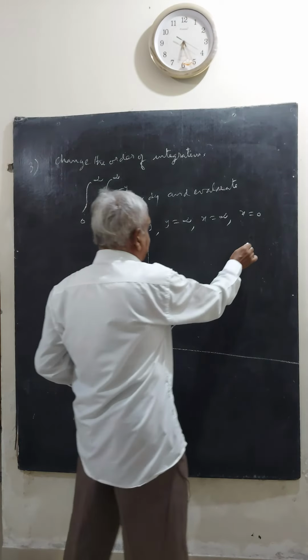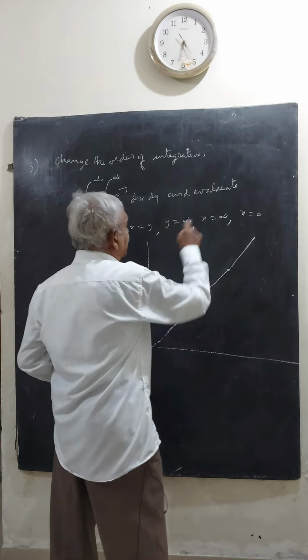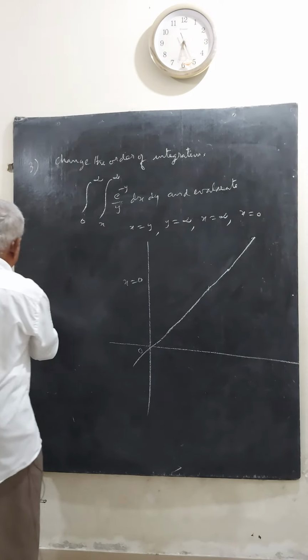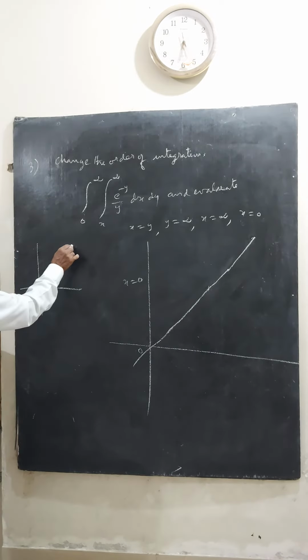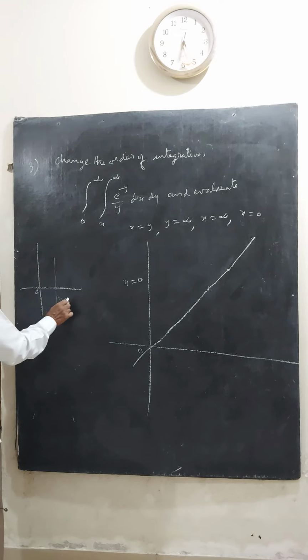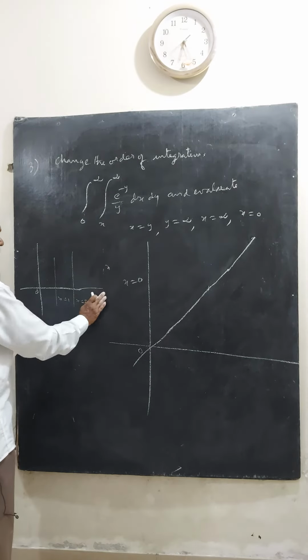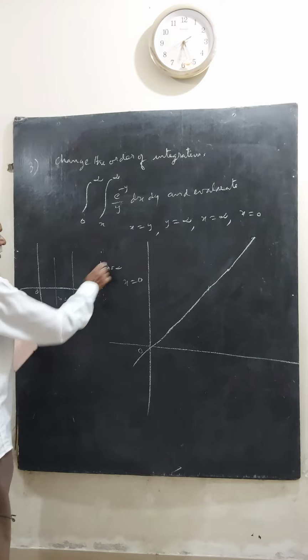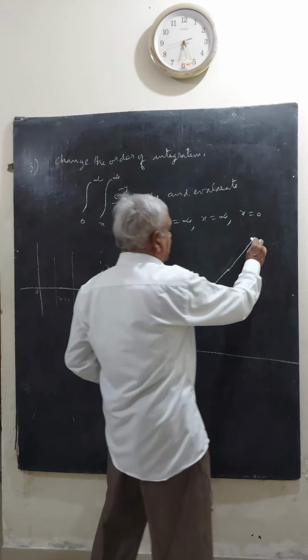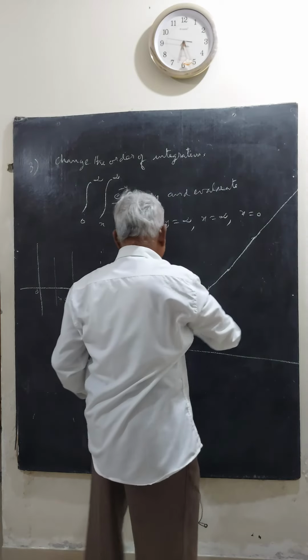Y equal to infinity, x also infinity. This is x equal to 1, x equal to 2, and it goes on up to x equal to infinity. Similarly, the curve goes up to infinity.